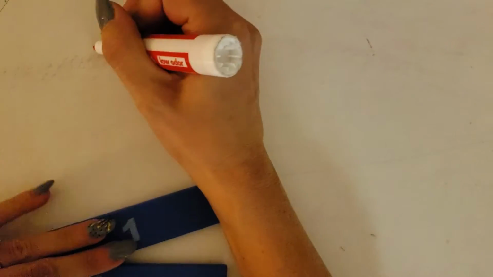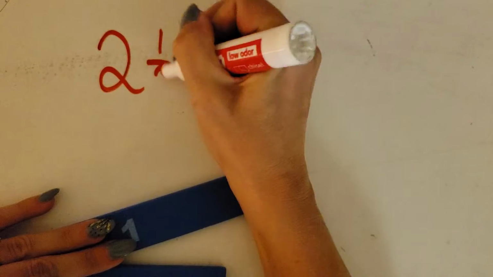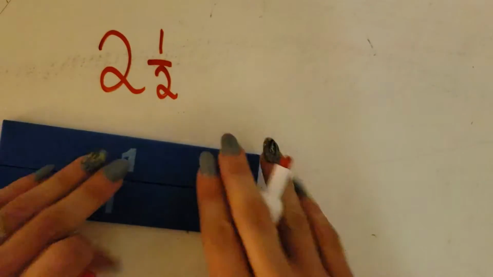Now that we've gone over vocabulary, I want to give you an example of what an equivalent fraction is. So here we have our mixed number of 2.5. And we'll model 2.5.